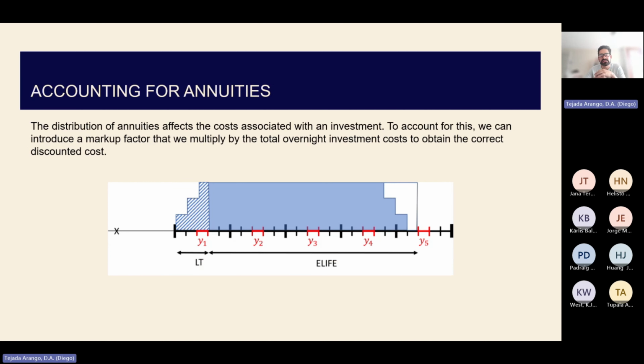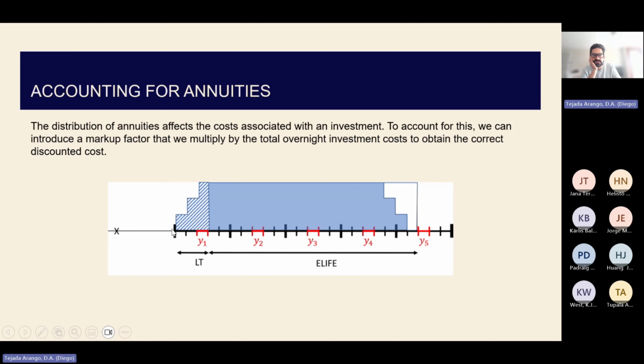More things. So you would like to then, of course, start accounting for annuities. And there are also a couple of things that are interesting when you are analyzing multi-year investments.